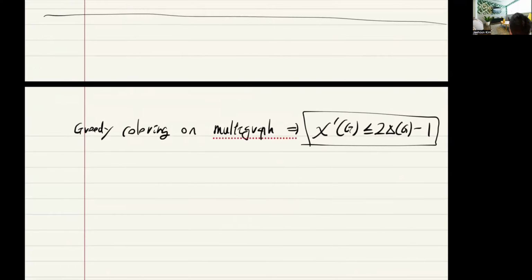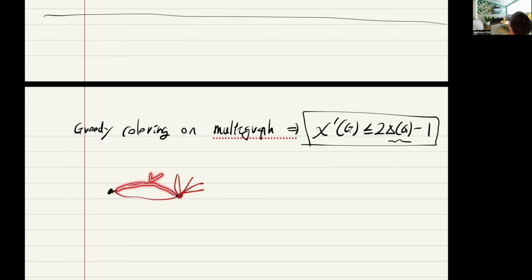If you have maximum degree at most delta, and you take one edge, then how many edges are incident with it? At this vertex, there are, in a multigraph, possibly delta edges incident with this vertex.